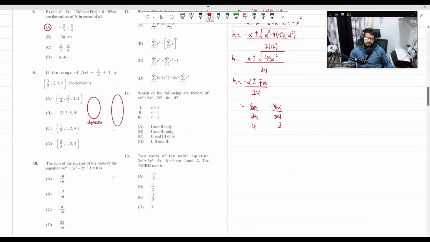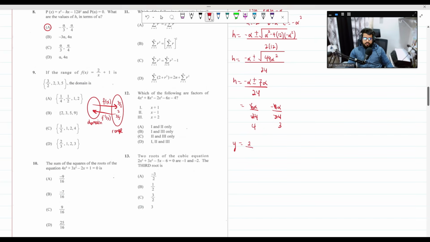Domain to range. F of x is responsible to go in here. If they say the range is 3 over 2, 2, 3 over 5 and so on, to go back to my domain, I need f inverse of x. So let me go ahead and get what f inverse of x is.